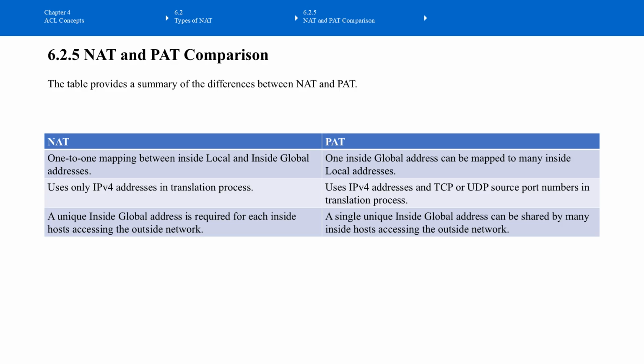However, PAT uses IPv4 addresses and the TCP or UDP source port numbers in the translation process. For NAT, a unique inside global address is required for each inside host accessing the outside network. And for PAT, a single unique inside global address can be shared by many inside hosts accessing the outside network.